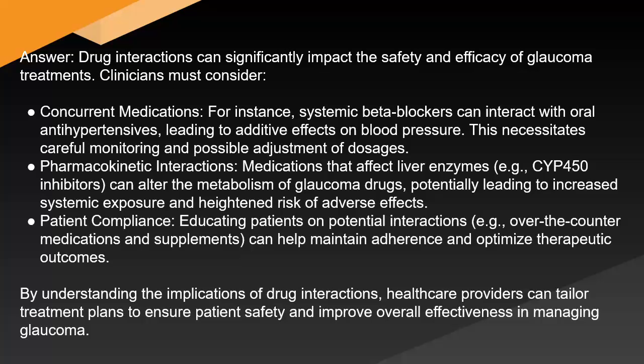Answer: drug interactions can significantly impact the safety and efficacy of glaucoma treatments. Clinicians must consider concurrent medications. For instance, systemic beta blockers can interact with oral antihypertensives, leading to additive effects on blood pressure. This necessitates careful monitoring and possible adjustment of dosages. Pharmacokinetic interactions.